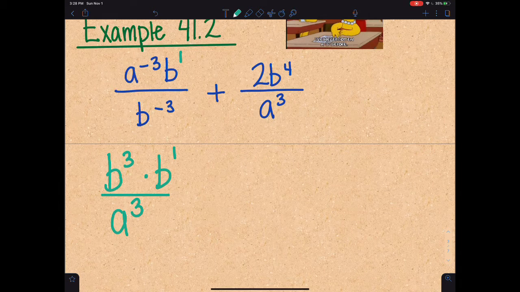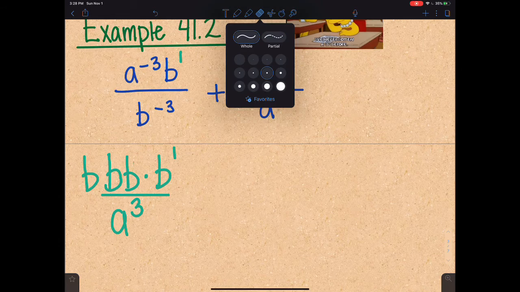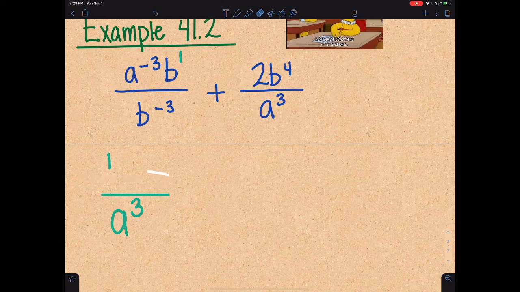But if you forget that, just change that b cubed into b times b times b, into 3 b's. And then you notice that you have 4 b's all together. So you can simplify the whole thing into b to the 4th.